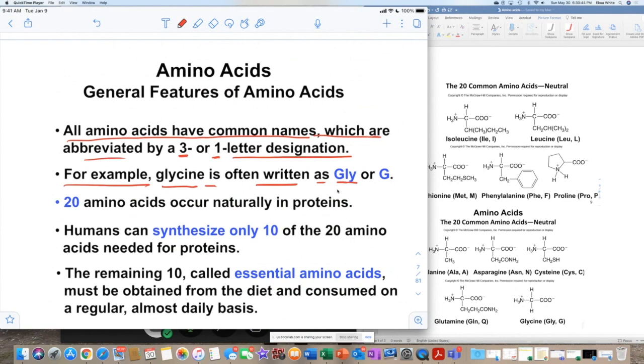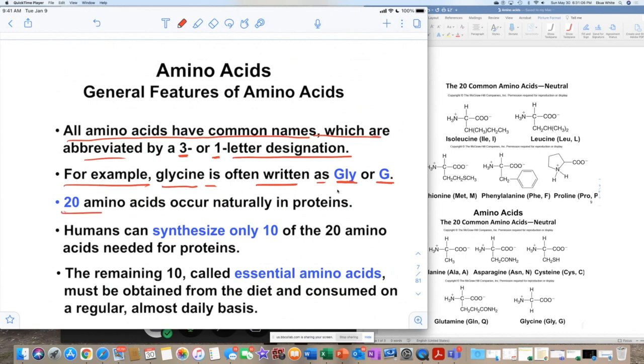They don't want to have to write the names all the time. Sometimes they're dealing with proteins that have a lot of amino acids. If that's the case, they don't want to write the full name all the time. So when convenient, they might use the 3-letter abbreviation or the 1-letter abbreviation.